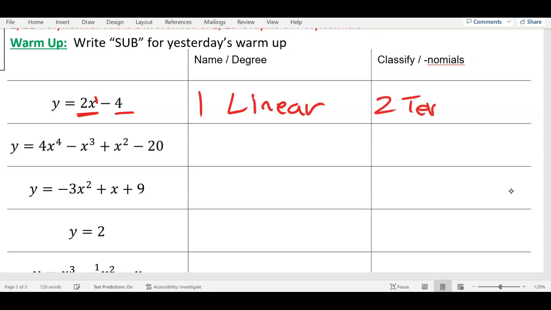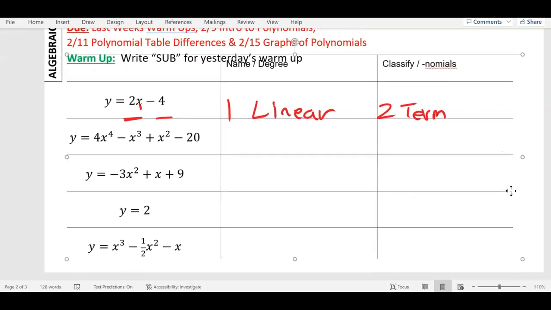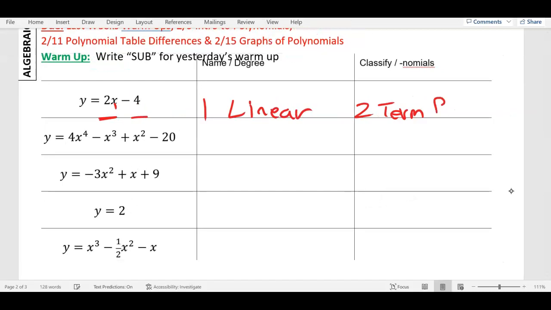And what do you call a two-term classification? Binomial. Okay? 2 is binomial is the end of the classification every time. Let's write that down. Binomial. Today, on a quiz, would you be able to see 2 terms and know that's a binomial?